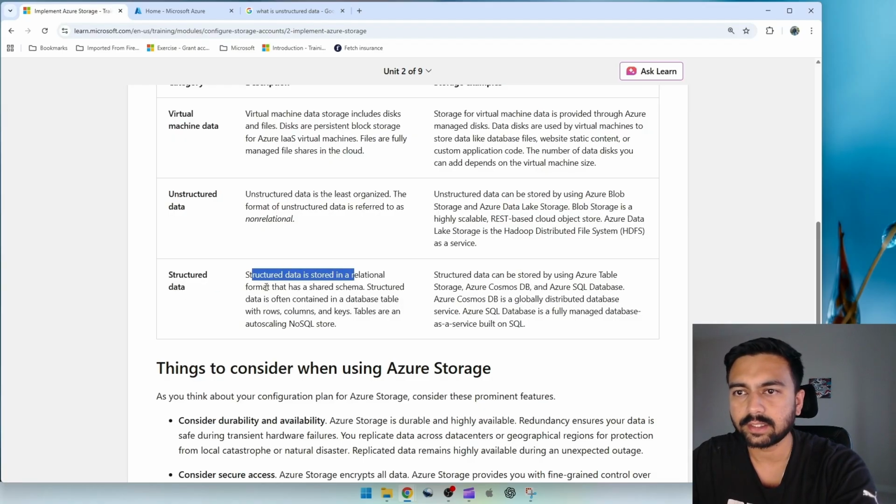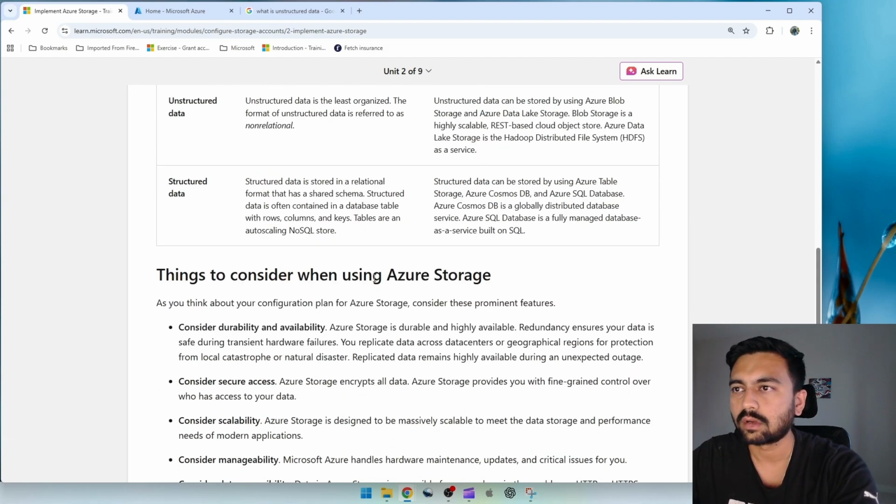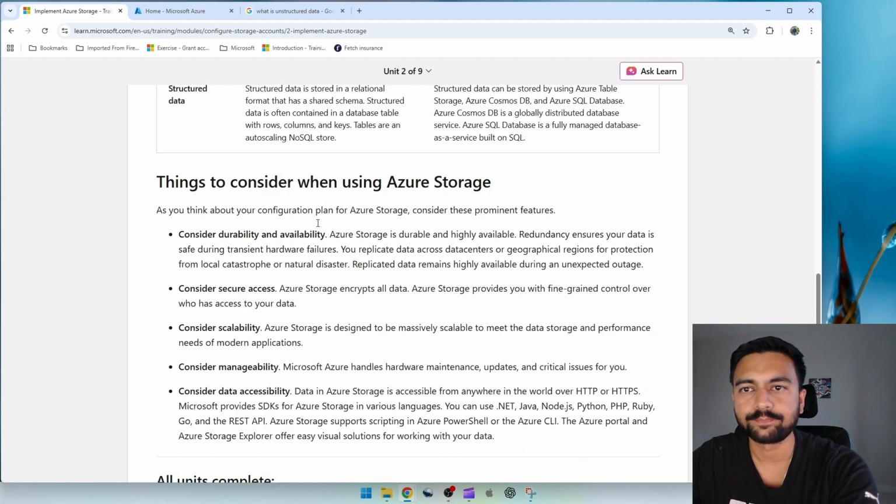Structured data is called relational format. It uses database tables with rows, columns, and keys. So this is basically what the difference is. And Azure Table storage, Cosmos DB, all these are used to store structured data.